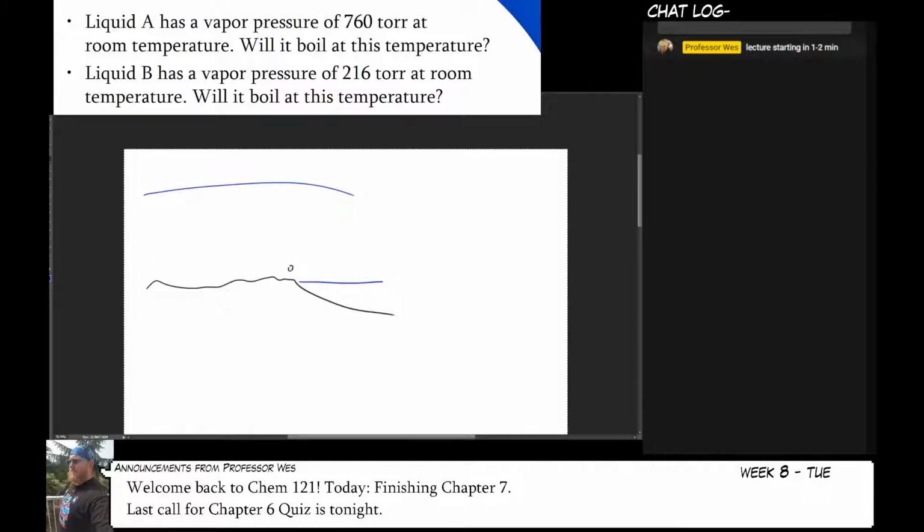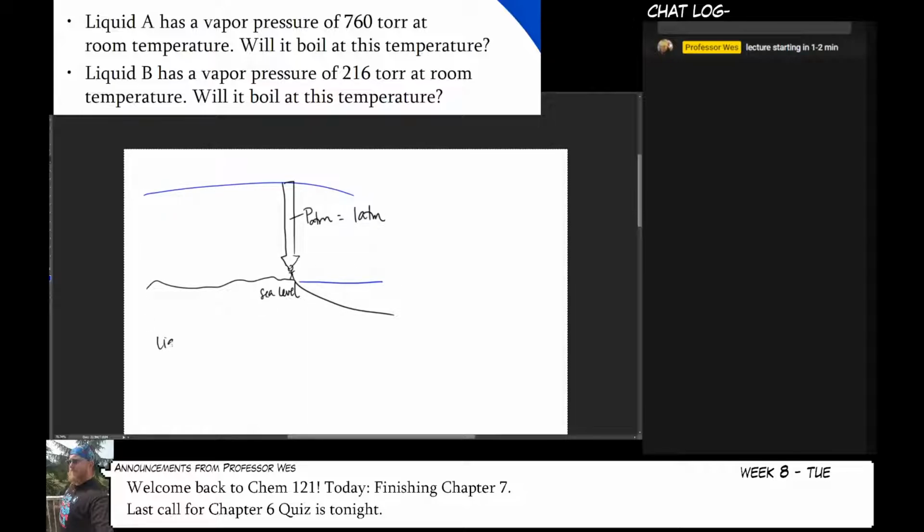And so if we're here at sea level, then the pressure of the atmosphere pushing down is 1 atmosphere. And so we said all that earlier. And so now what we're going to do is look at various liquids.